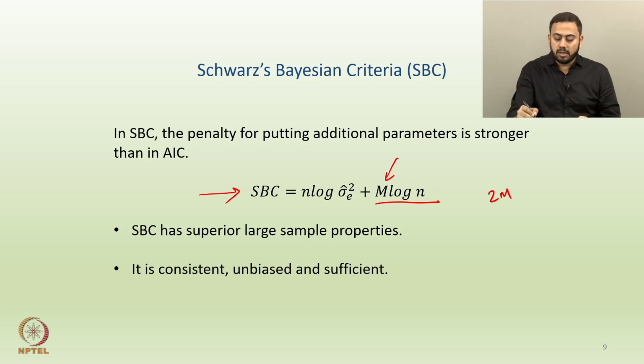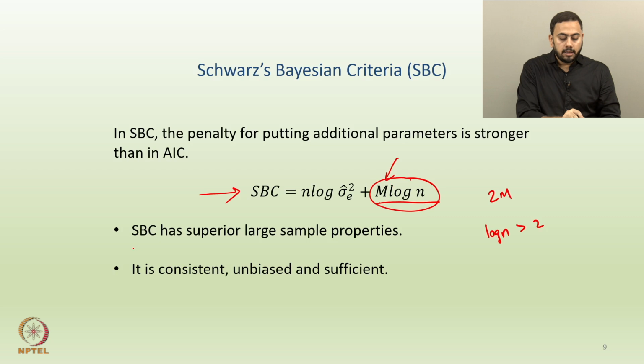If you keep on increasing this capital M, which means you are bringing additional parameters, then obviously this term would go on increasing, because now you do not have a constant 2, as we had in AIC, but you have log n. And log n is generally bigger than 2, of course for some n. So it is giving a penalty for any extra parameters that you bring in.